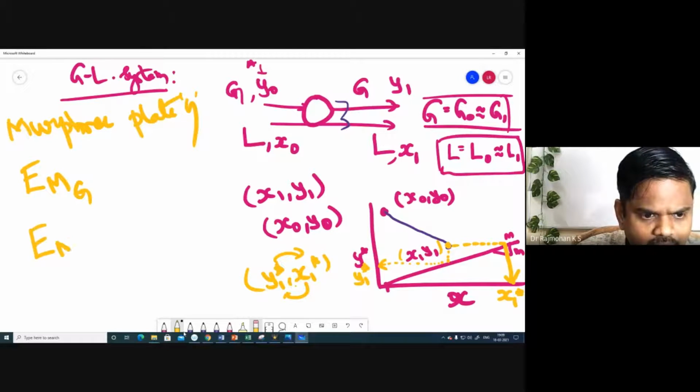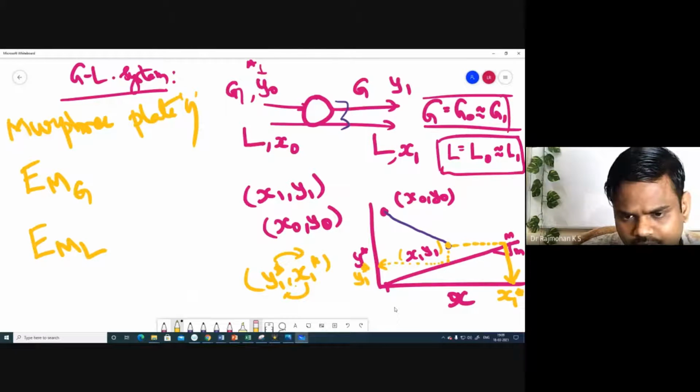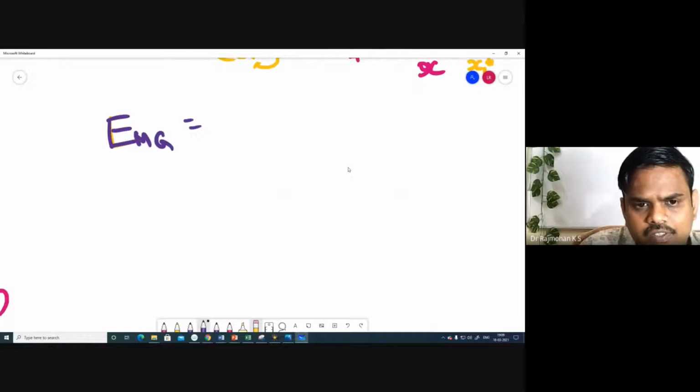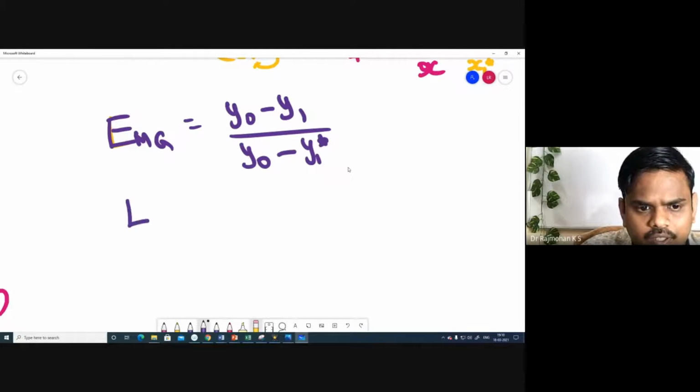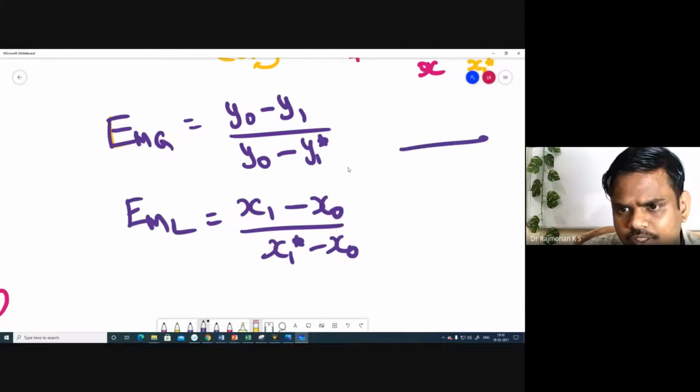If I write EML, it is Murphree plate efficiency for liquid phase. So what is that? Murphree plate efficiency for gas phase is equal to y naught minus y1 by y naught minus y1 star. Similarly, EML for liquid phase is equal to x1 minus x naught by x1 star minus x naught.